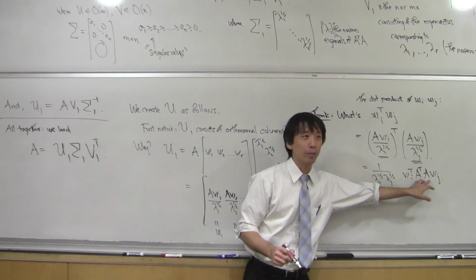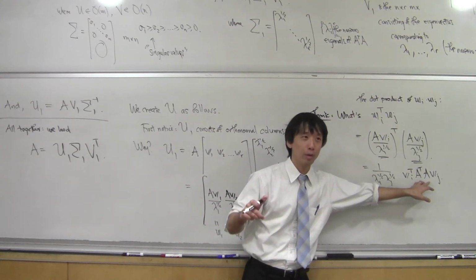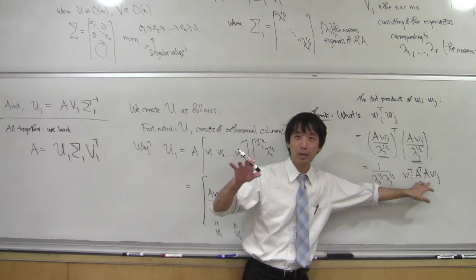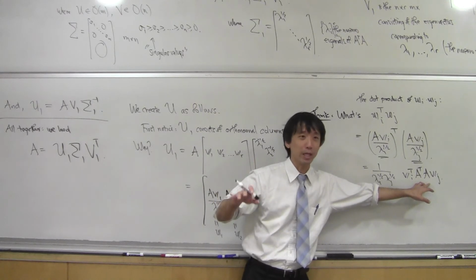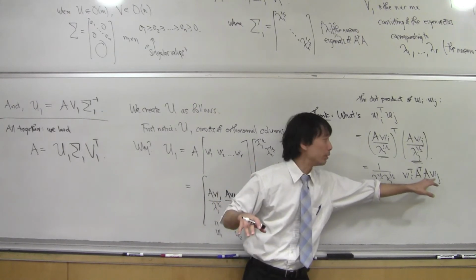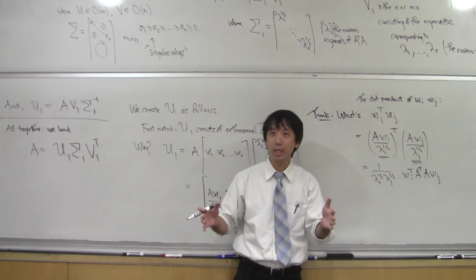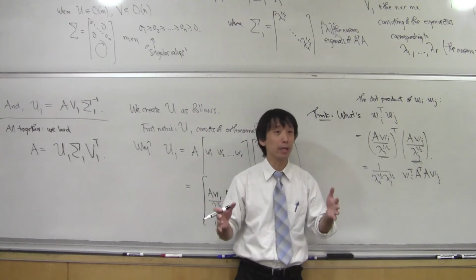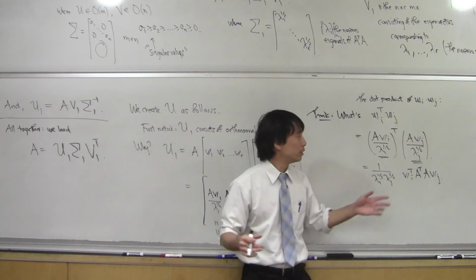The Vj, remember, were an orthonormal basis of eigenvectors. These were the V's. V was the matrix that diagonalized A transpose A, right?